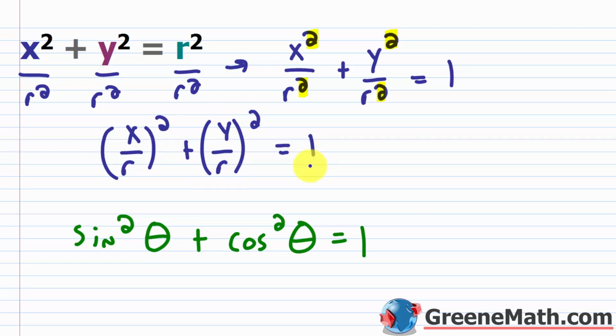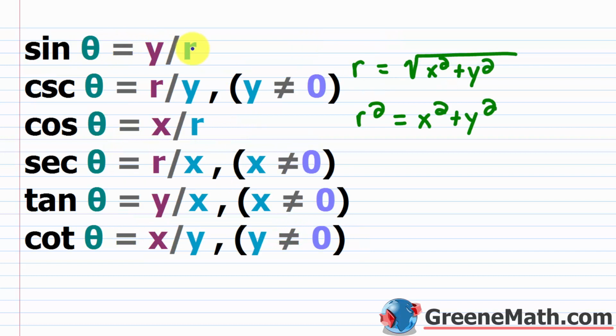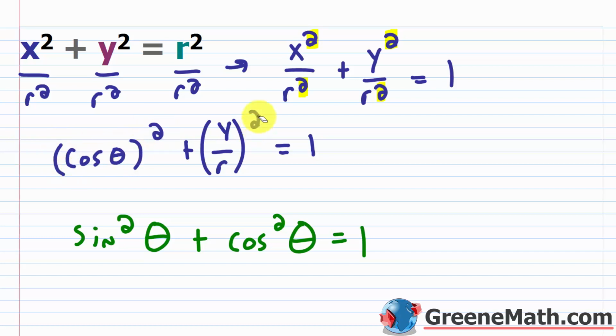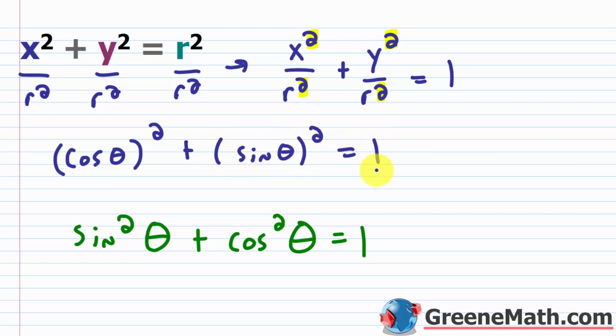By definition, we just saw that x over r is cosine of theta and y over r is sine of theta. Going back up, sine of theta is y over r and cosine of theta is x over r. So I could replace this with cosine of theta squared, and this with sine of theta squared, and this equals 1.